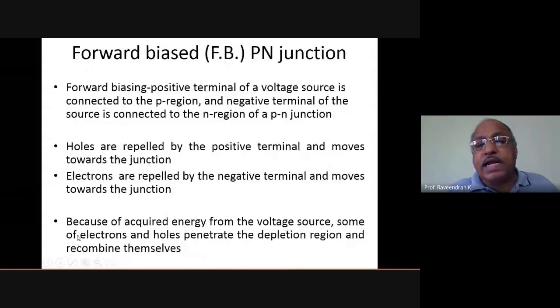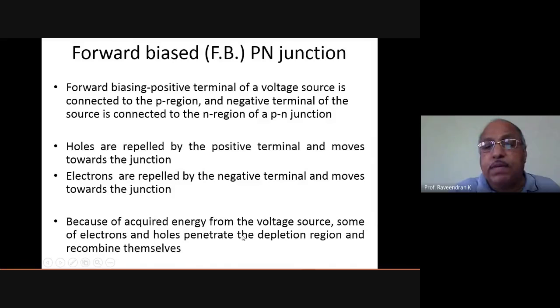Because of acquired energy from the voltage source, some of the electrons and holes penetrate the depletion region and recombine themselves. When a potential source is connected to the PN junction diode, what happens? Of course, it will be acquiring some energy, isn't it?